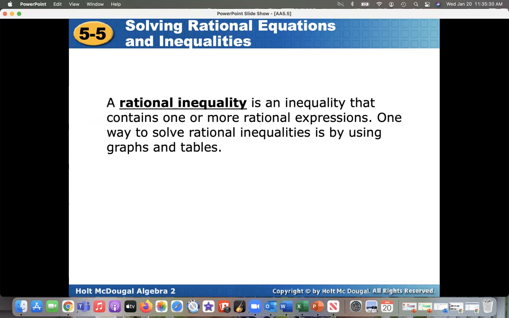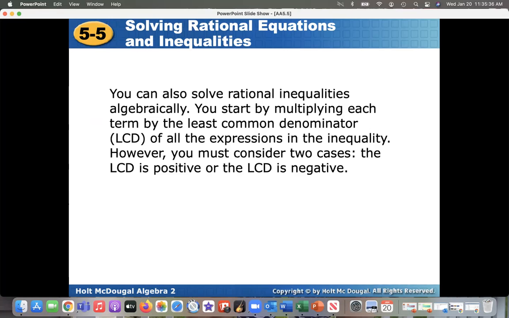A rational inequality is an inequality that contains one or more rational expressions. One way to solve those is by using graphs and tables. I'm not going to rely on graphs and tables. I think it gets to be too confusing. I think the best way is to use the LCD method.